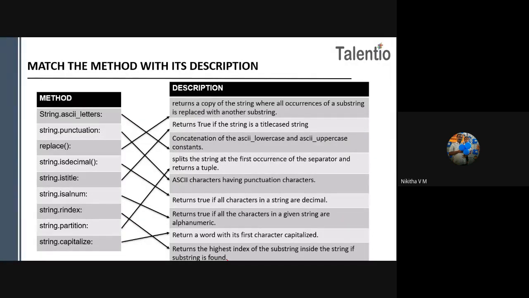Title returns the title cased. Isalnum checks for alphanumeric. Then rindex, highest index. Partition splits at the first occurrence. And capitalize, first character capitalized. Alright?